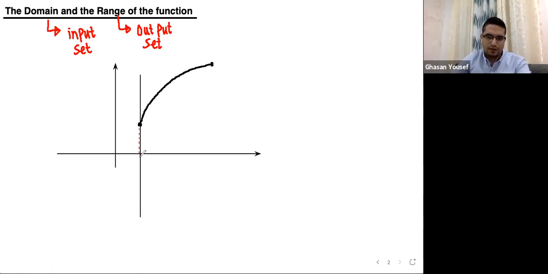This is, suppose, my x1, and it ends at this point, and this is my x2.